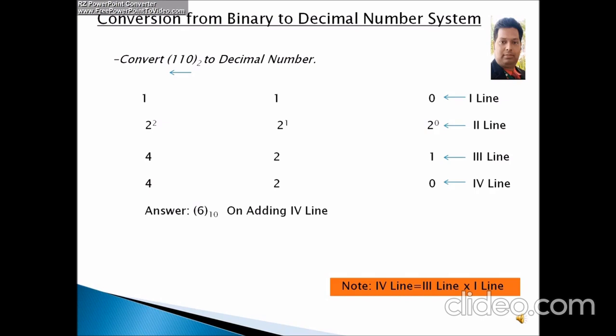For the fourth line you have to put a little more effort here. That fourth line is the equivalent of multiplication of the third line and the first line. The third line and first line are getting multiplied and making the fourth line. You can see from the right side, 0 into 1 bringing 0.